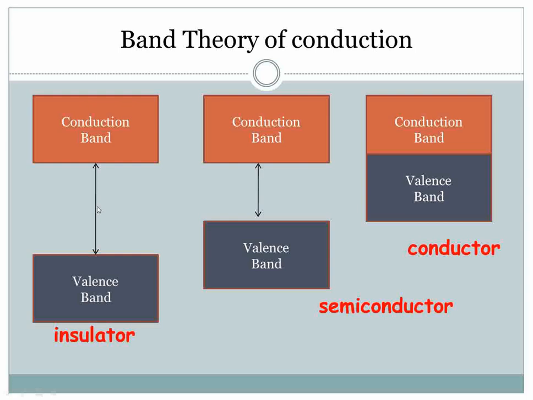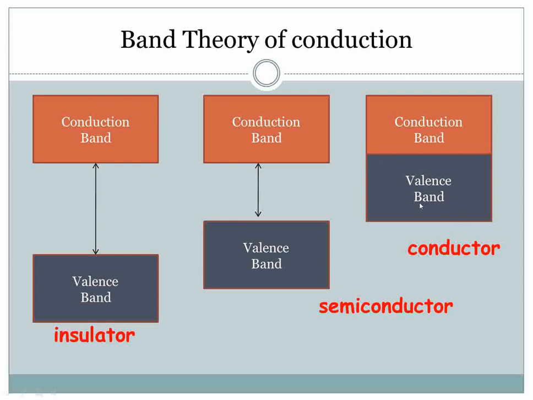The first figure shows the band differences between the valence and conduction band. Next is the conductor. Free electrons are freely available in the material, so the valence band and conduction band are very close, because the electrons are ready to conduct. The electron freely jumps from the valence band to the conduction band, so both bands overlap each other.